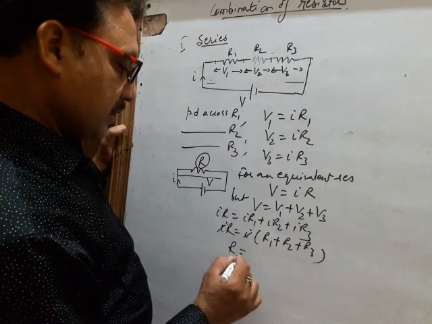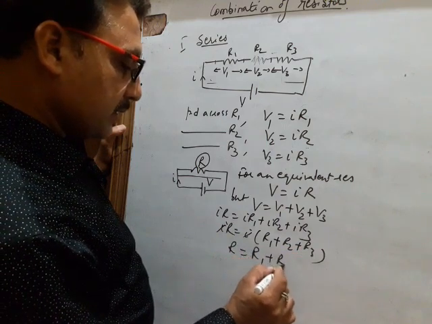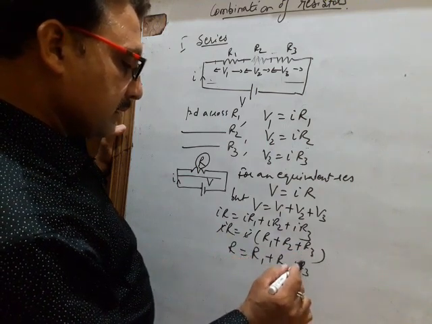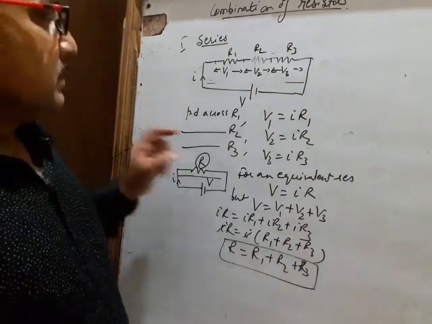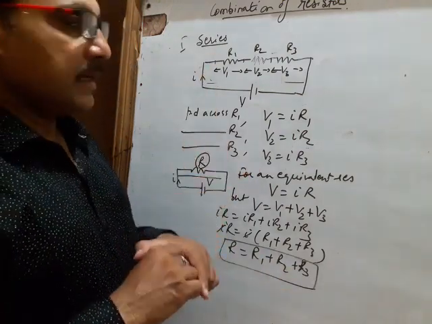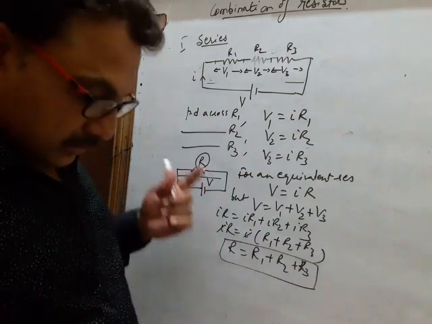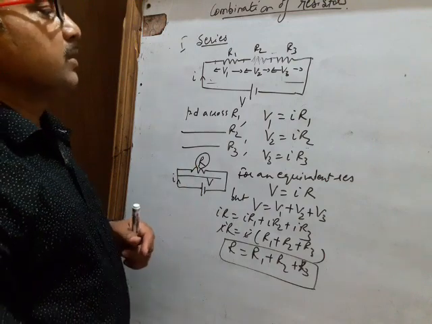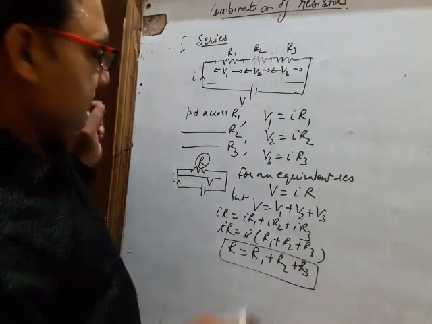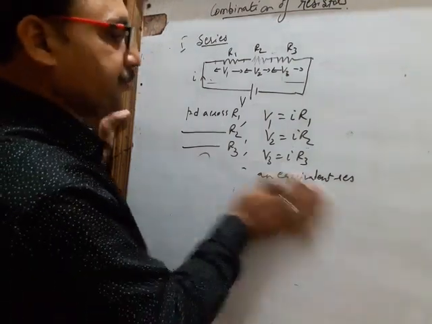So I cancels out and R equal to R1 plus R2 plus R3. This is the equivalent resistance of these 3 resistors which are connected in series. Students, this is for the series combination. I hope you have understood, followed. This is easy.